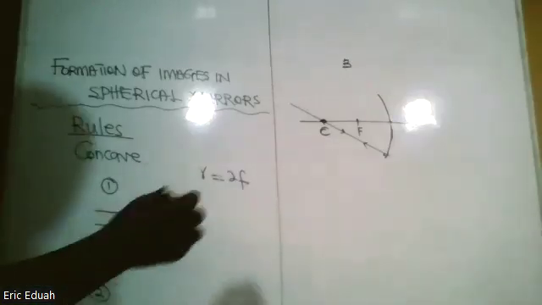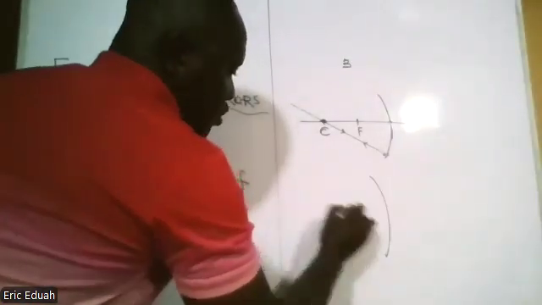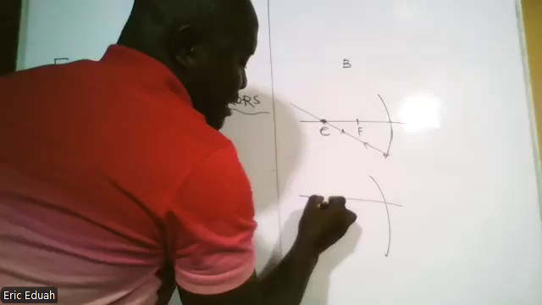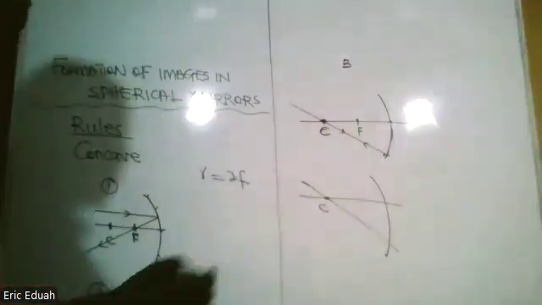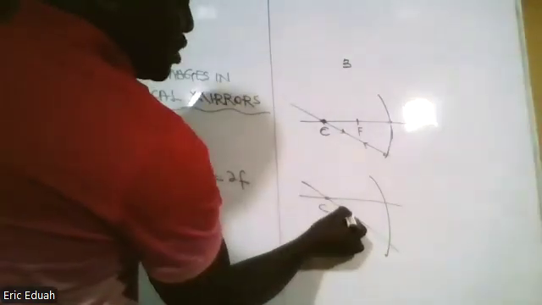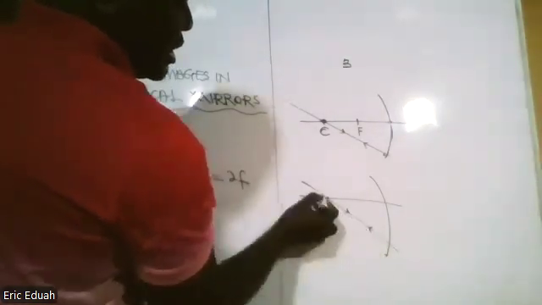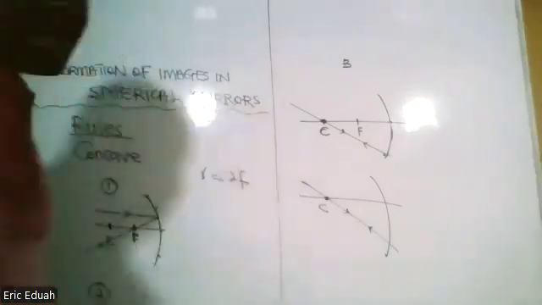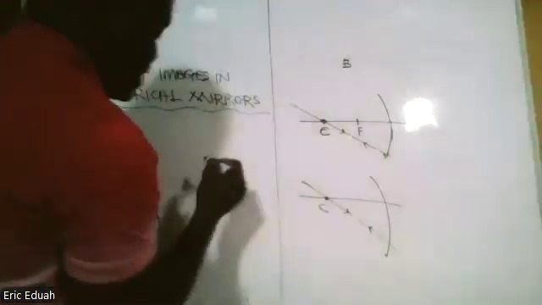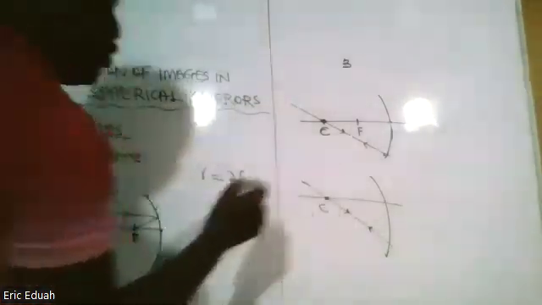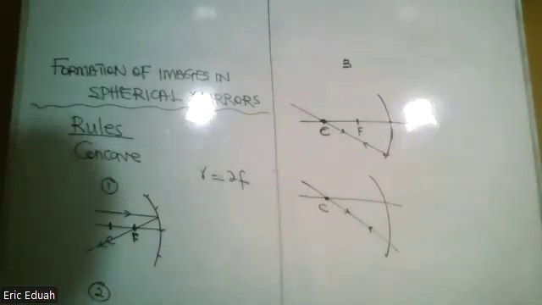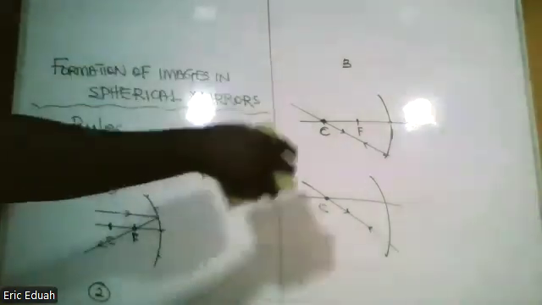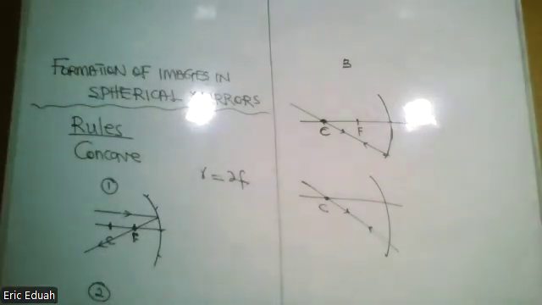So the moment a ray diagram is drawn and it passes through C, then it means that the ray is incident on the mirror at 90 degrees. The reason for which it is reflecting along the same path as the incident and passing through C. Okay, so it's just an application of whatever we've said earlier.